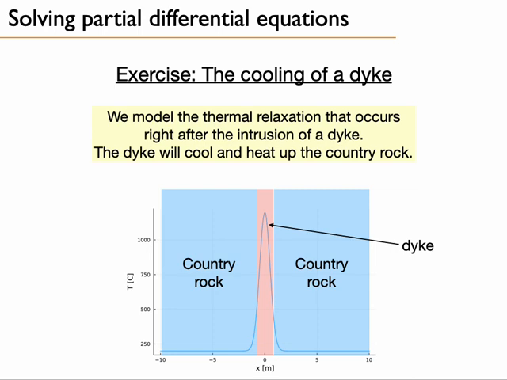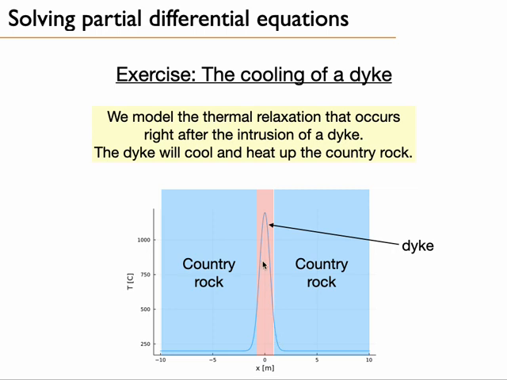So in the practice, we are going to study the cooling of a dike. We will model the thermal relaxation that occurs right after an intrusion has intruded into a country rock. We will start with an initial temperature profile that will be the initial condition.